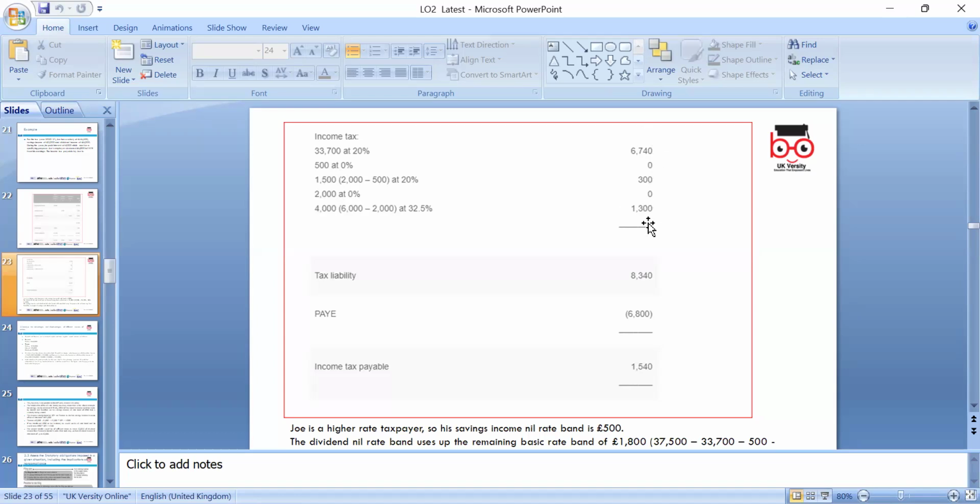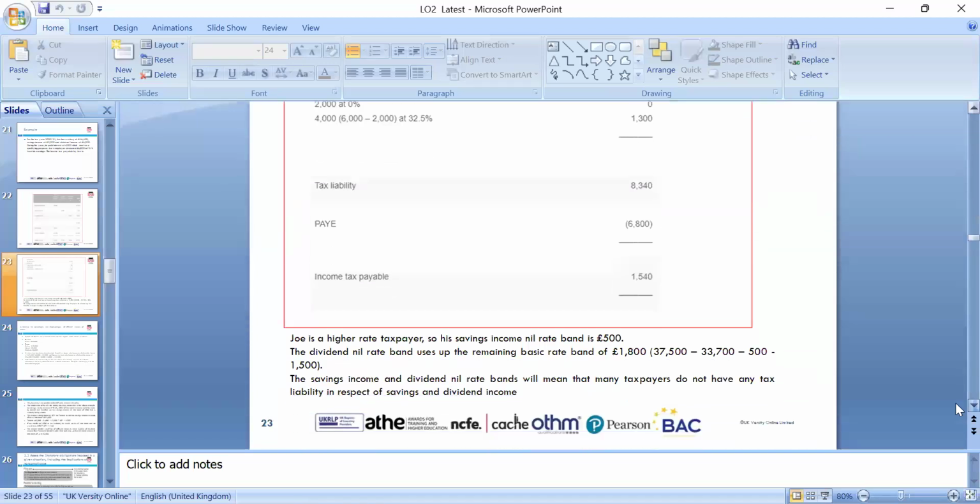So that's the tax liability, less any tax paid at source, like deducted from salaries, pay as you earn. So the income tax payable is 1,540. That's still the liability.